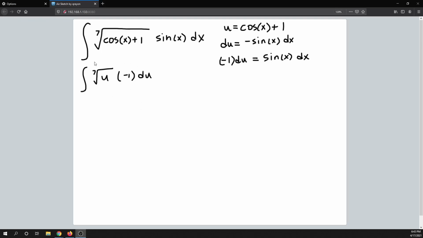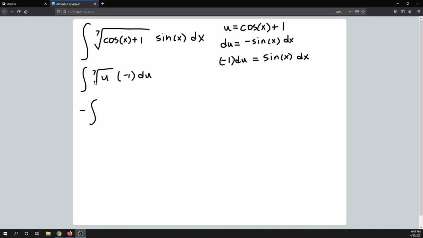All right, so now turning our attention to calculating this indefinite integral, the first thing I'm going to do is to use the constant multiple rule, right? The constant multiple rule says that that -1 can come out in front of the integrand. If I have the integral of a constant times a function, that's equal to that same constant times the integral of the function part here.